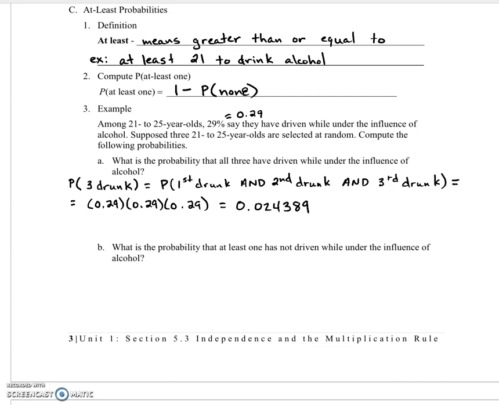So what's the probability that at least one has not driven while under the influence? That is 1 minus the probability that none have driven under the influence.